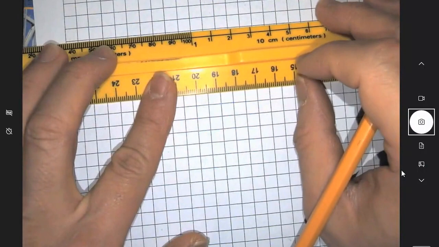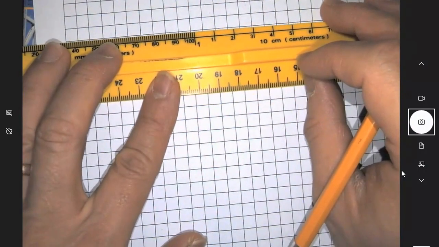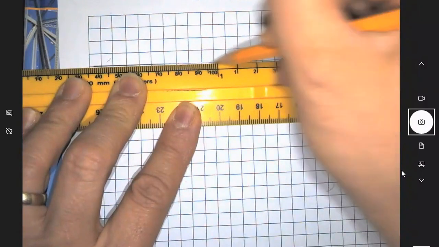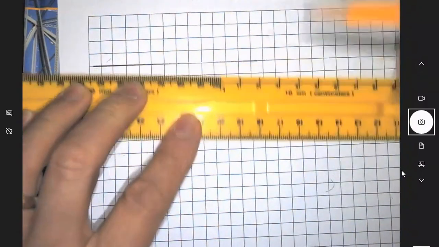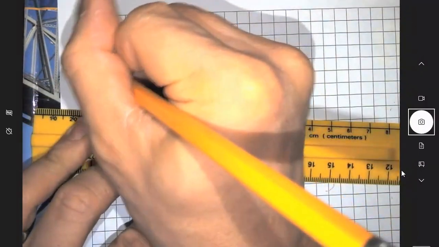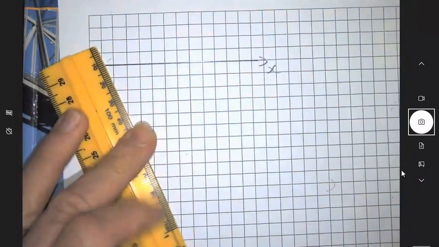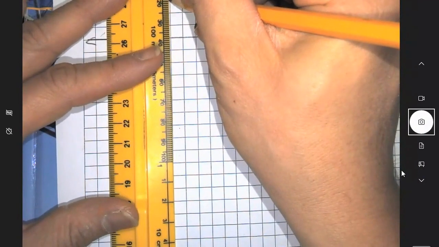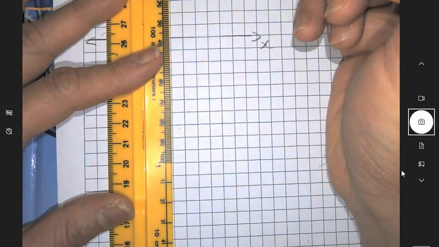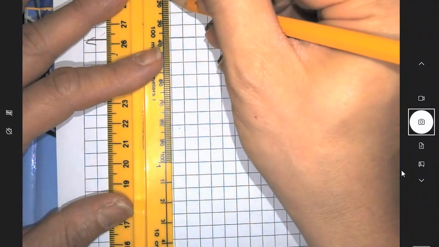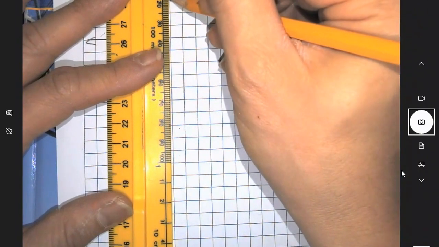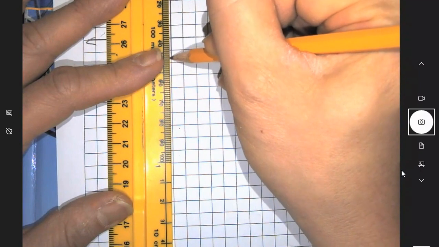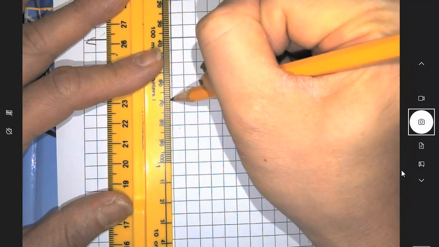But what I want to emphasize more is that when you're setting up your graph, that's your x-axis, make sure your y-axis goes down to at least minus 6. So you probably want to go down 2 or 3 more. So y-axis 1, 2, 3, 4, 5, 6.